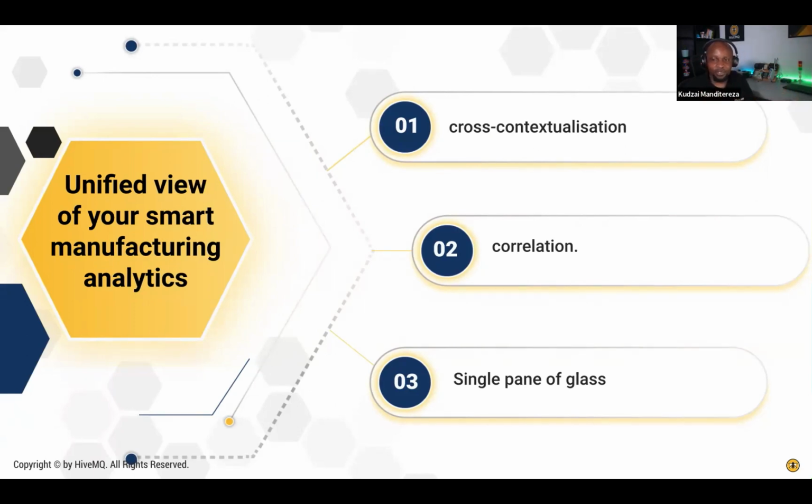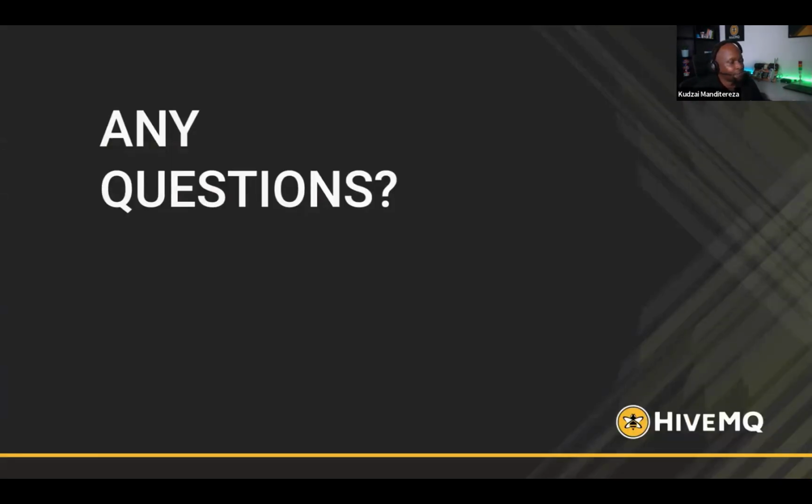With a unified view, you're able to create cross-contextualization, which means contextualizing across different data stores, and then create correlations between your data points.